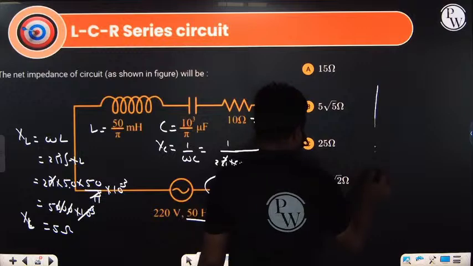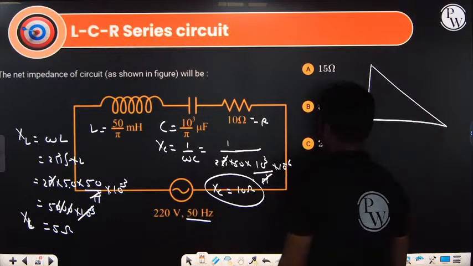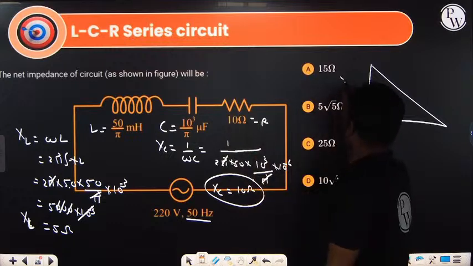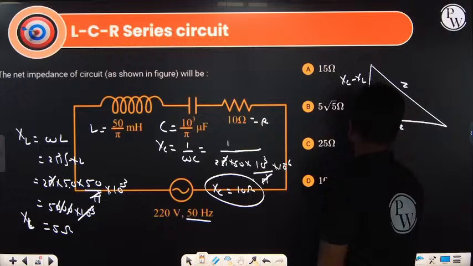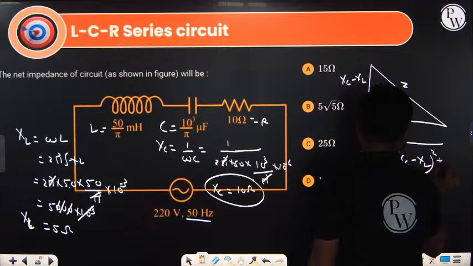If you make the impedance triangle, a simple triangle, as this is an LCR circuit, we write XC minus XL on one side, R on the other, and this will be Z. What is the Z value? Root of (XC minus XL) whole square plus R square.